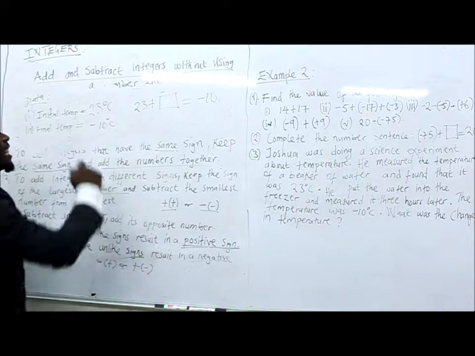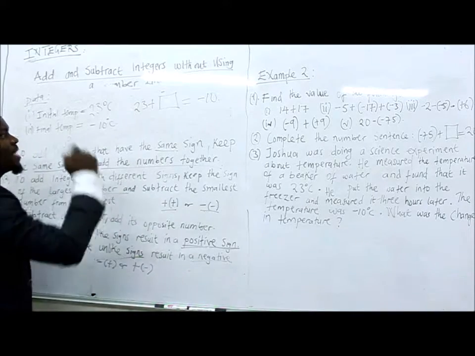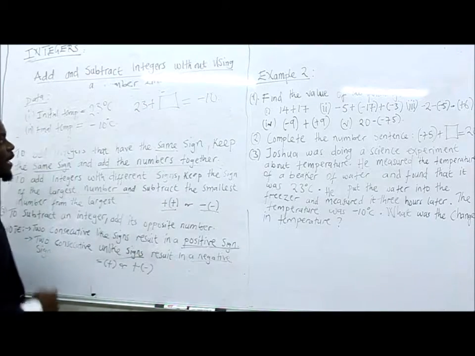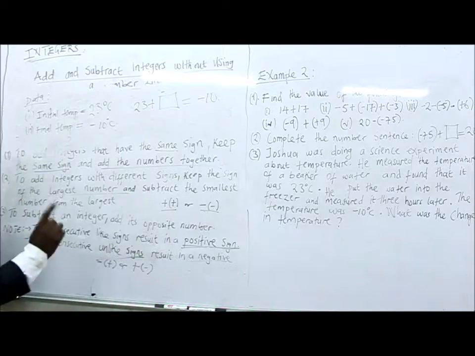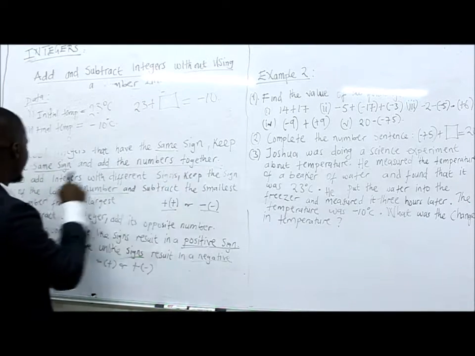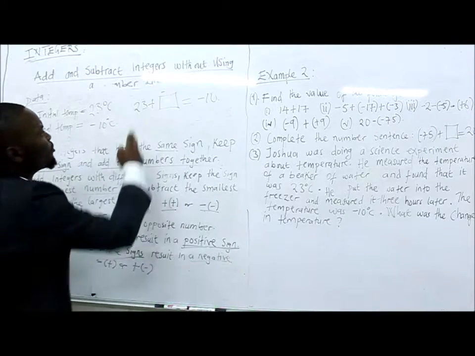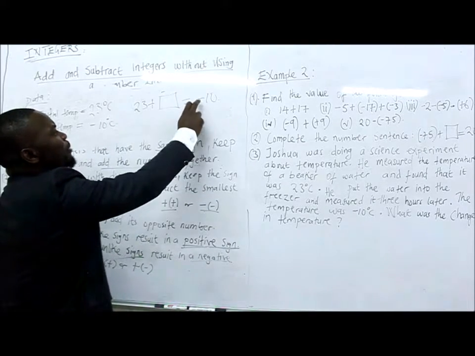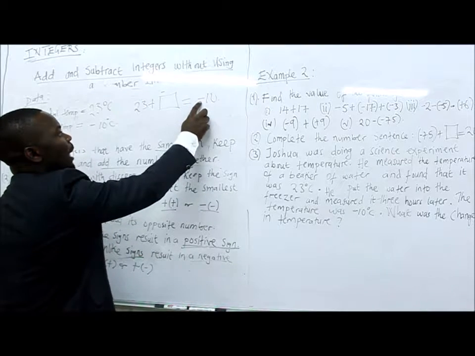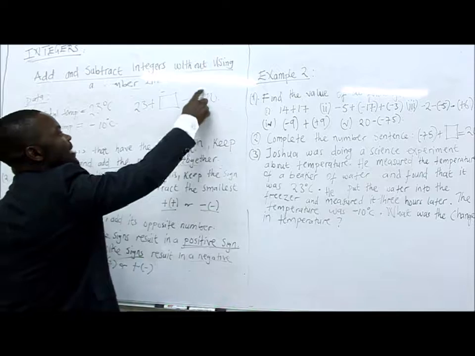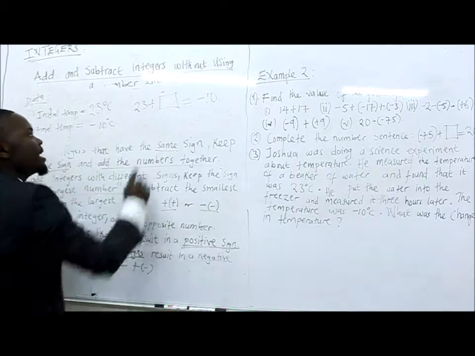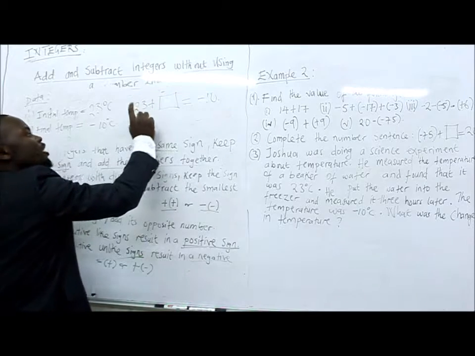Now, what is the exact value of this number which is here? To add integers with different signs, keep the sign of the largest number. So here, they have kept the sign of the largest number, which is negative, and the answer is a negative. They have kept a negative sign here, meaning that the number which is here is bigger than 23.